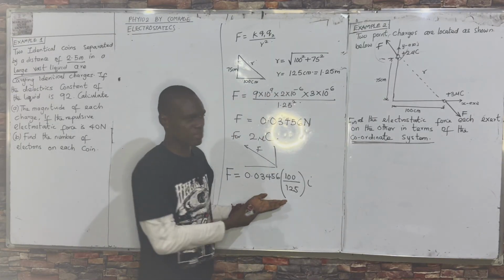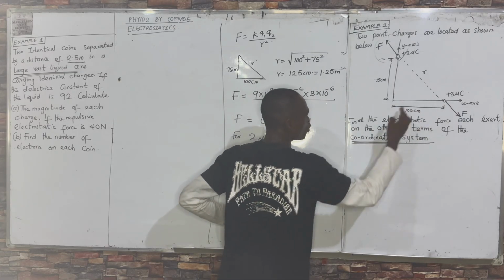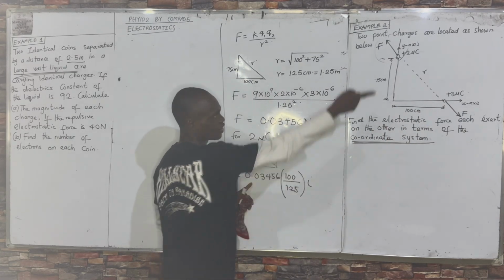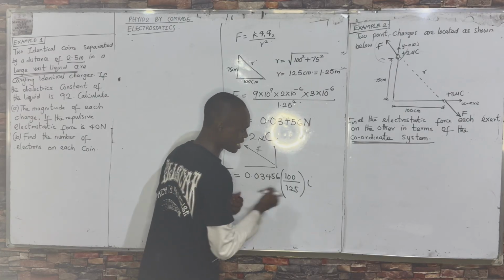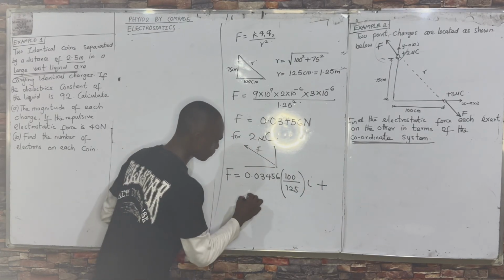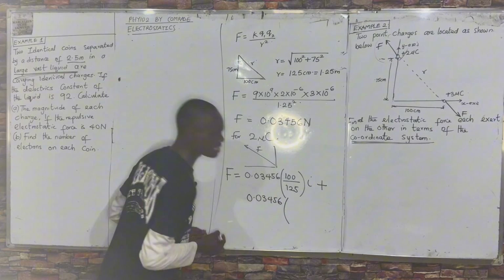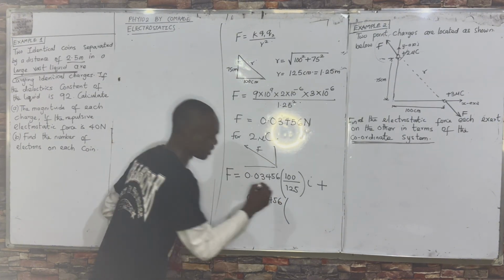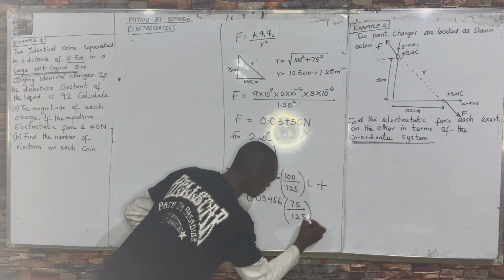So you can use this method: the force, bracket, the movement in the horizontal 100 over the resultant between the two. So definitely for vertical, you should have what? The force, right? Bracket the movement in the vertical, yes, 75 over the total 125, then J.